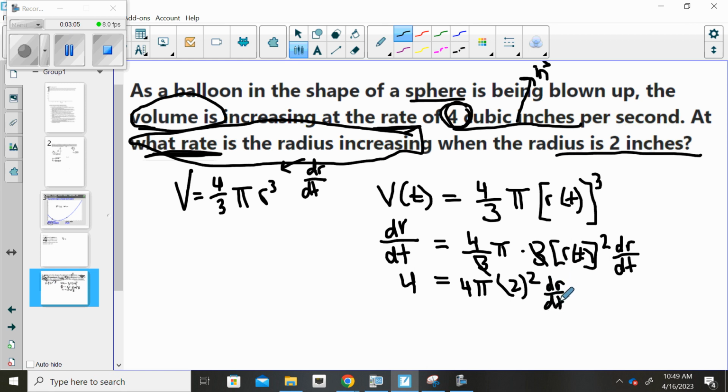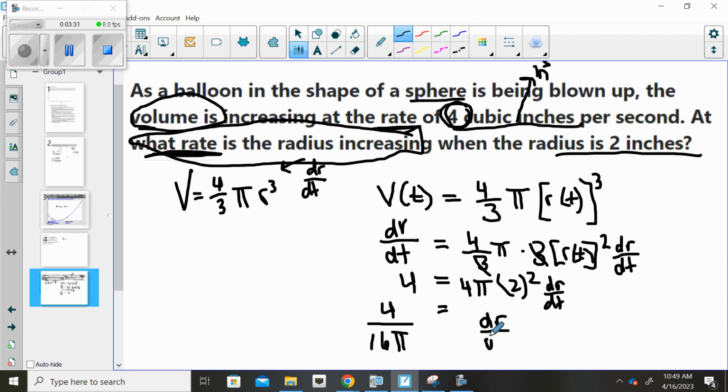So I am going to isolate this. So let's see, this would turn into 16 pi, 4 times 4. So I would have 4 on the left divided by, so I have to divide by this whole quantity, which is 16 pi. And I see that 4 over 16 can reduce to 1 over 4.